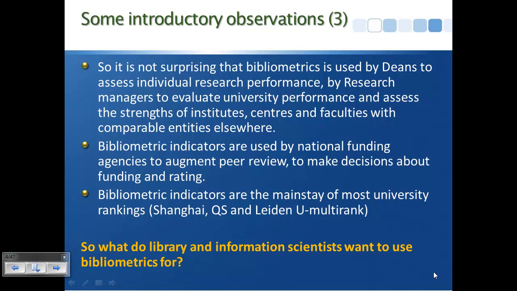But now for me, the interesting thing is, what do library and information scientists want to use bibliometrics for? I'm just going to leave that question, because I don't know. I can guess, but you have to decide, because part of the conversation that we've started now between Quest and the library here at Stellenbosch is a closer working relationship. We are very keen to help where we can.